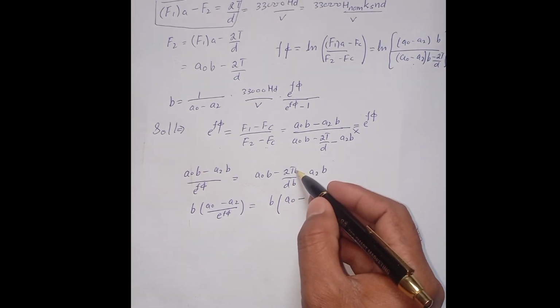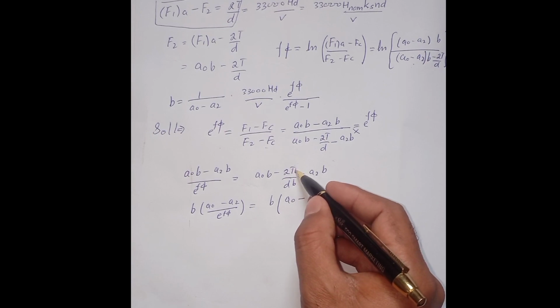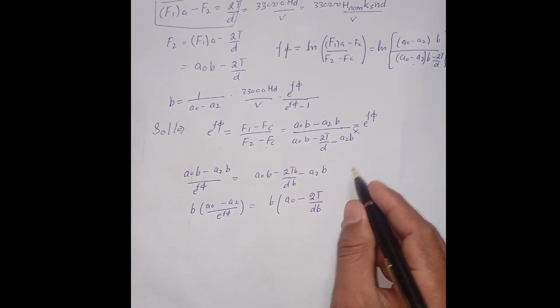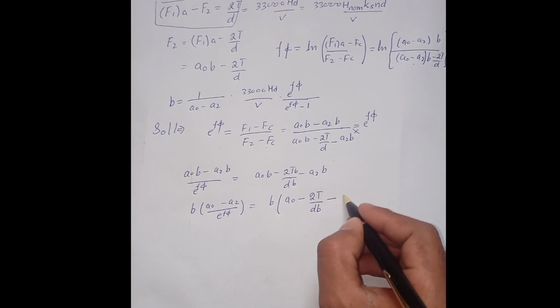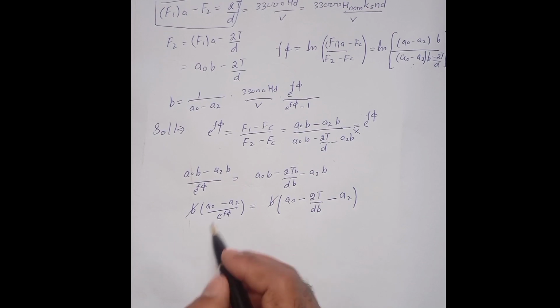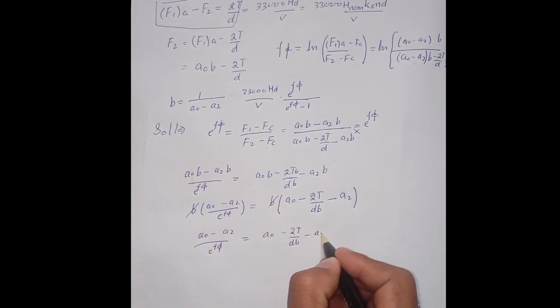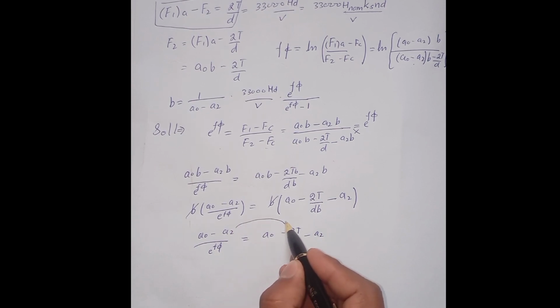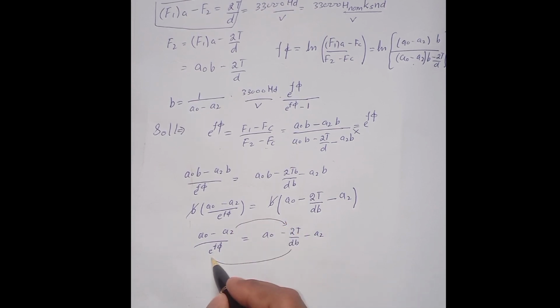When you take b common from this, you will have to write this b in the denominator, and taking b common from this you are going to get this. Now these two can cancel out with each other, so you are left with this. Now what you will have to do is bring this term to the right side of the equality and this one to the left side, so you are going to get this.